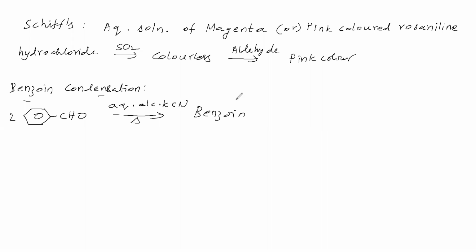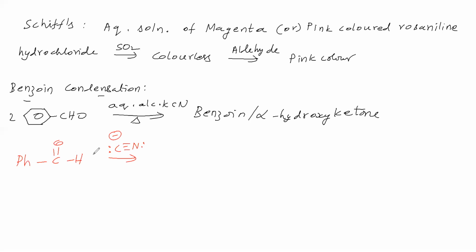This benzoin is called what? An alpha hydroxy ketone. Alpha hydroxy ketone it is. Okay, now we'll see the mechanism in this one. Now we'll take benzaldehyde. First step is attack of cyanide.